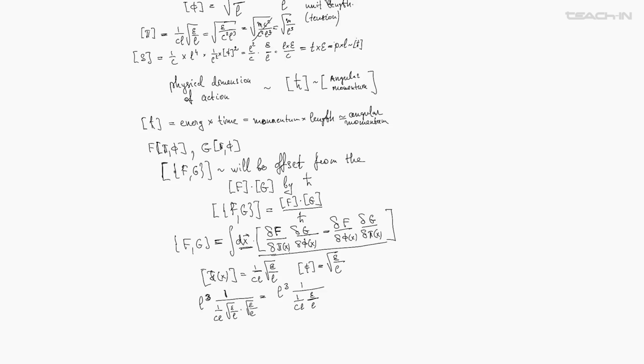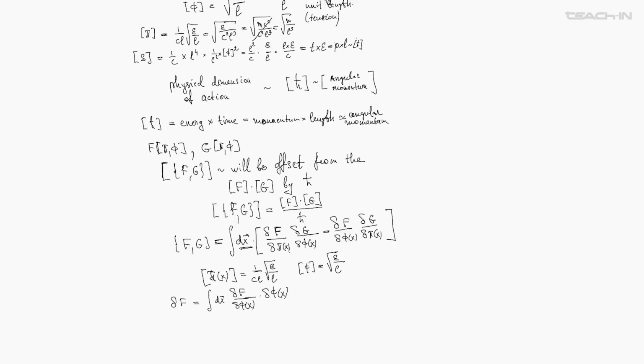Let's do it in the following way. First of all, we need to find the dimension of this derivative. To be exact, we need to find the dimension of the variational derivative. And to do this, we need to consider the variation. So what is the variation delta f? The variation delta f is an integral dx of delta f over delta phi on x, multiplied with delta phi on x. This is what is called the variation of functional f.